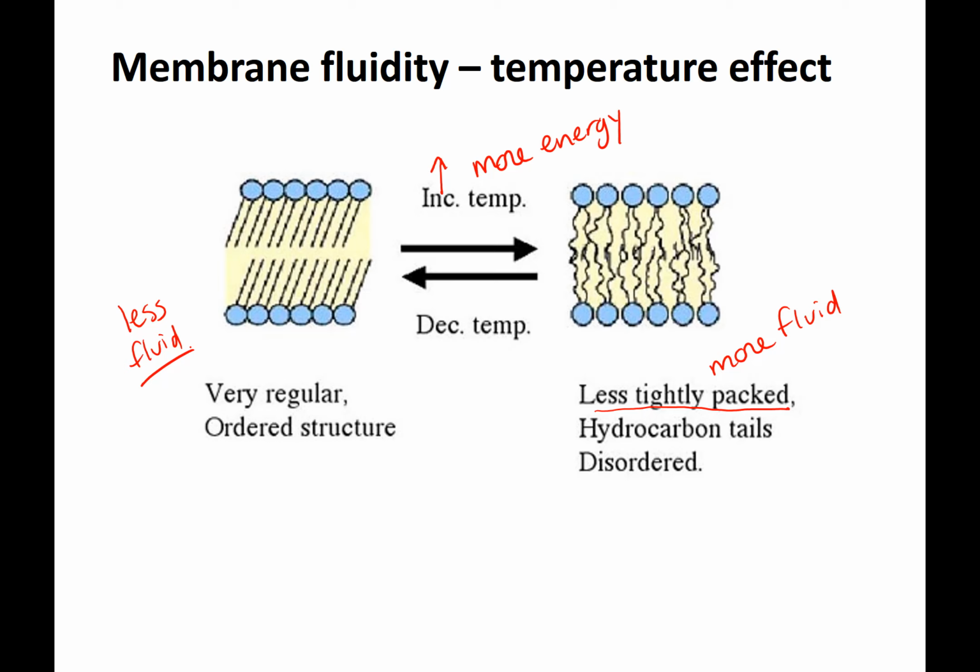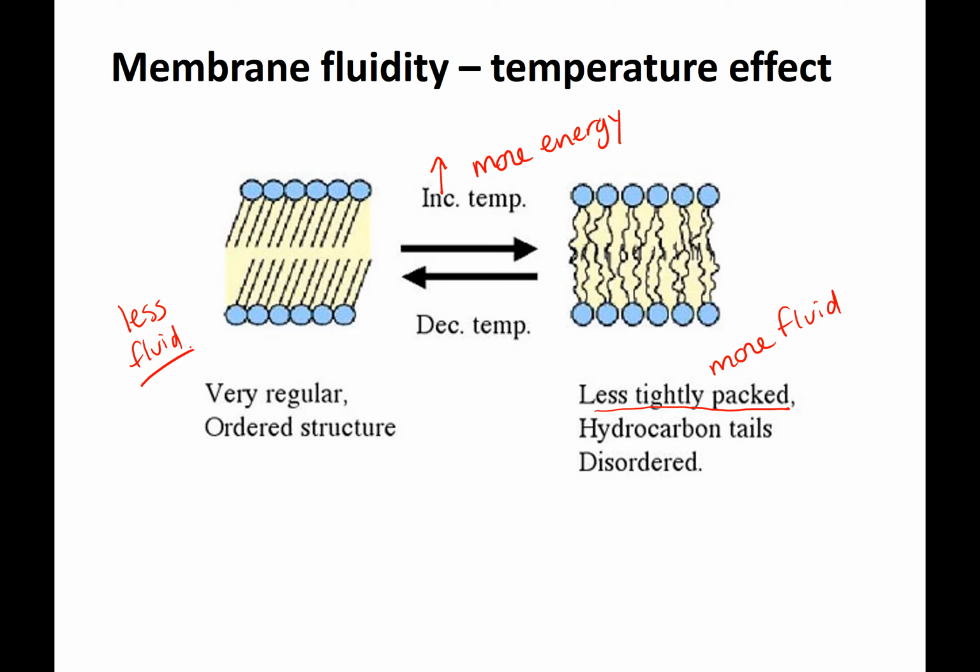But there are some organisms that have what we call homeoviscous adaptation, and they can increase the number of double bonds if they need to make their membranes more fluid. And they can decrease the number of double bonds, or they can increase or decrease the chain length.